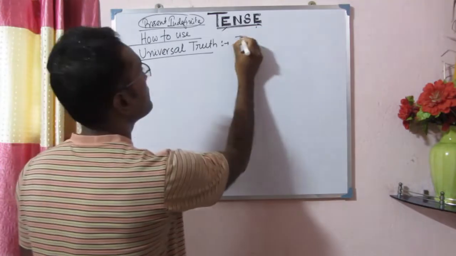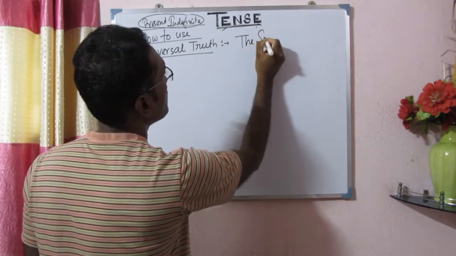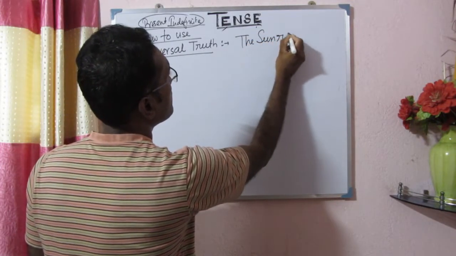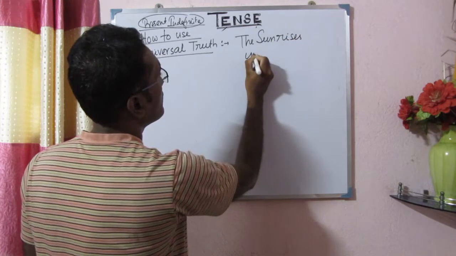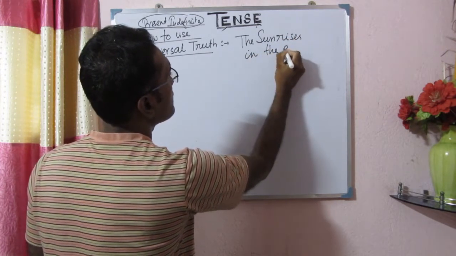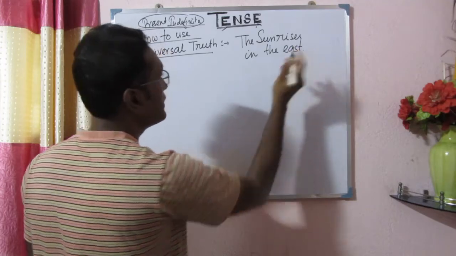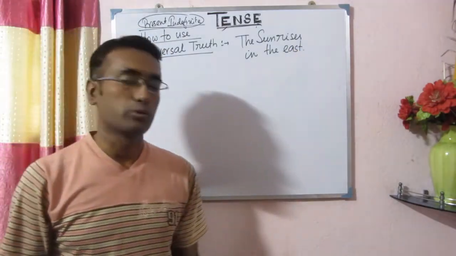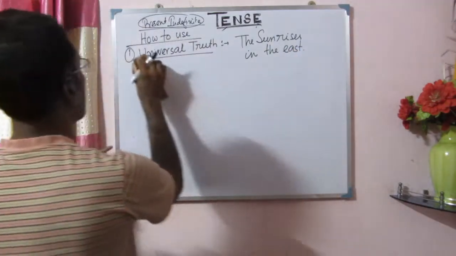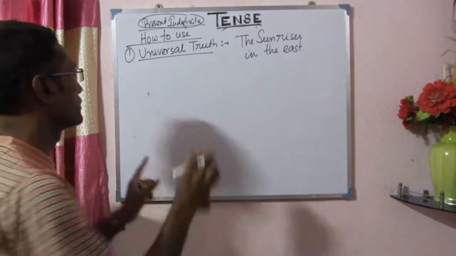The example is: the sun rises in the east. That is your universal truth.